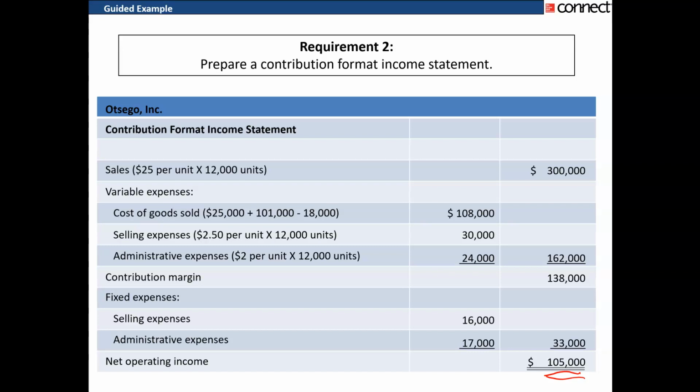Because we're going to start making decisions and recommendations to companies as to what they should do. If we want to look at dropping a product line, some of the fixed expenses are still going to be there even after we drop that product line, but the variable expenses will go away. So we want to separate the two out so we can make better and more informed decisions for the companies.